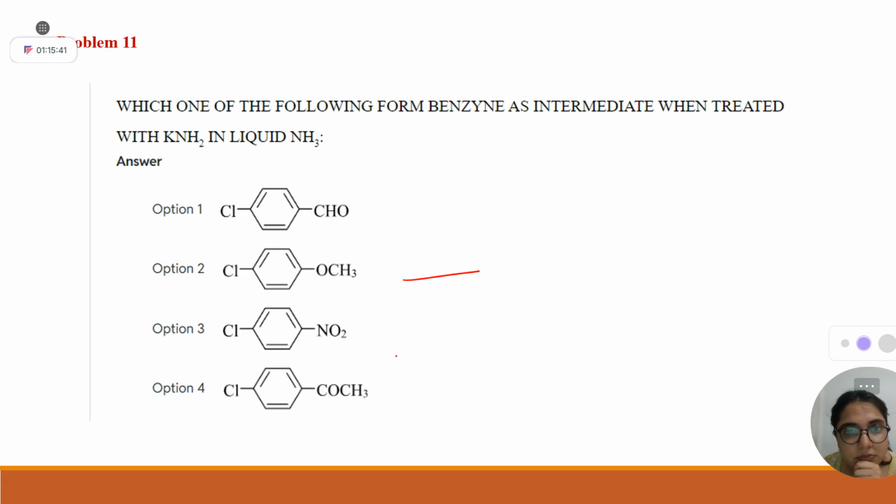Okay. Why not option A? Why not options 1, 3, and 4? Ma'am, the aldehyde in the first option is electron withdrawing, so we first take addition, then elimination. Okay. Another answers.